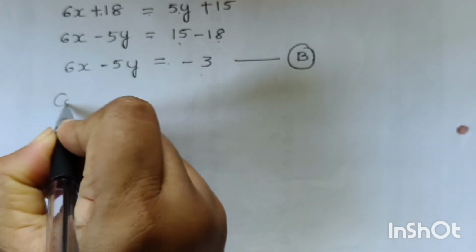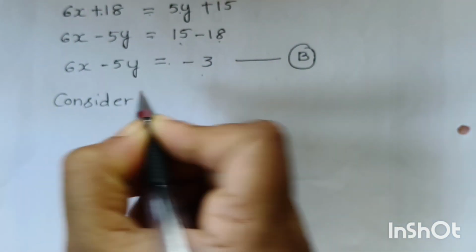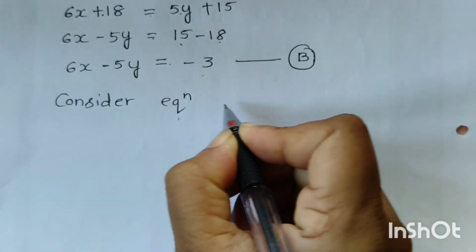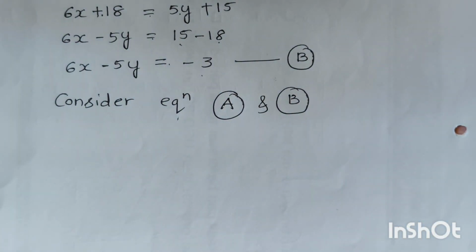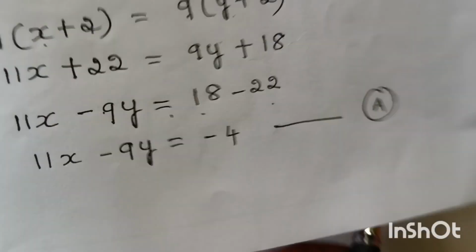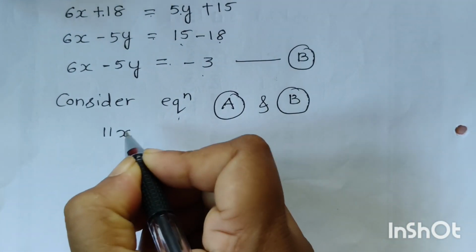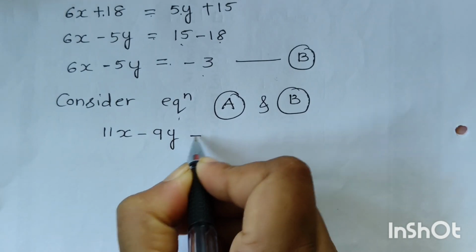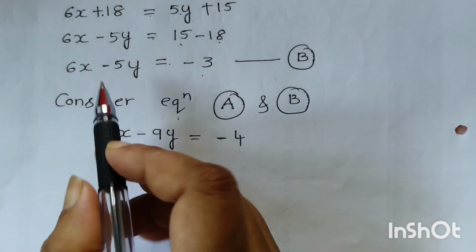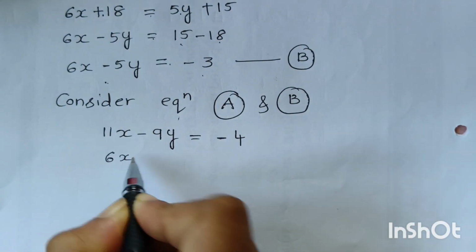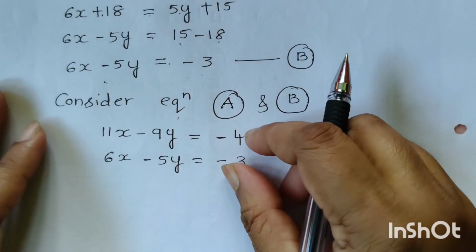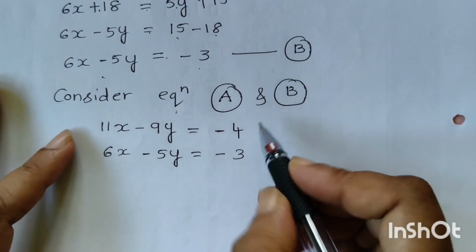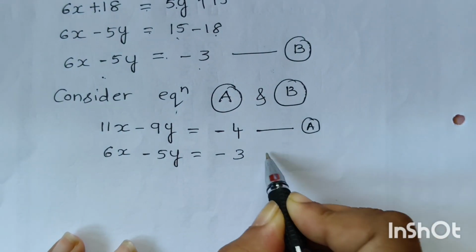Consider equation A and B. That is, equation A is 11x minus 9y is equal to minus 4. And equation B is 6x minus 5y is equal to minus 3. These two equations are very important now, A and B.